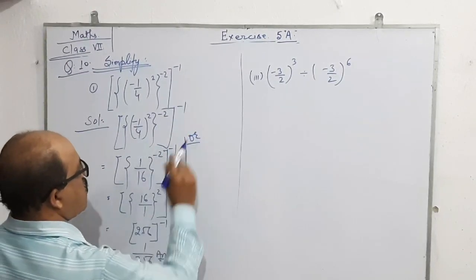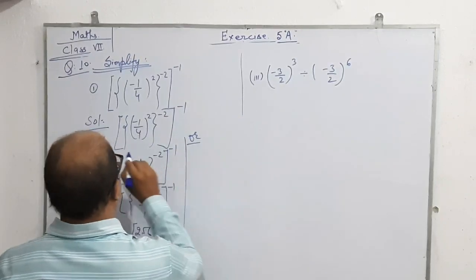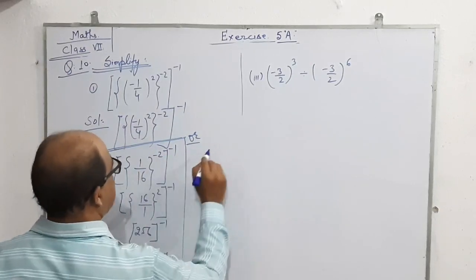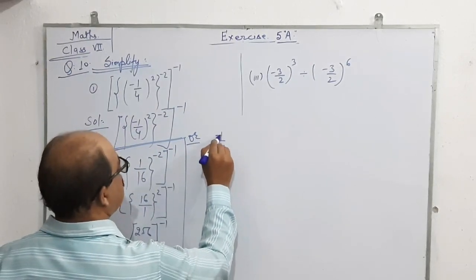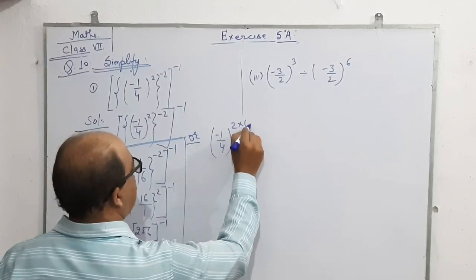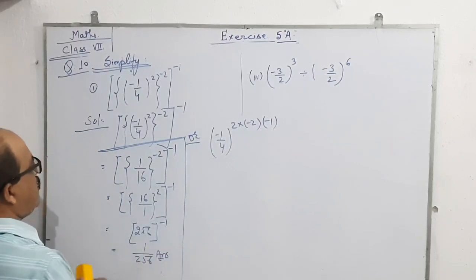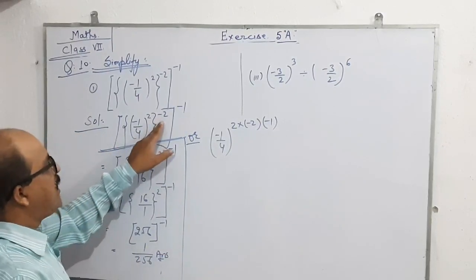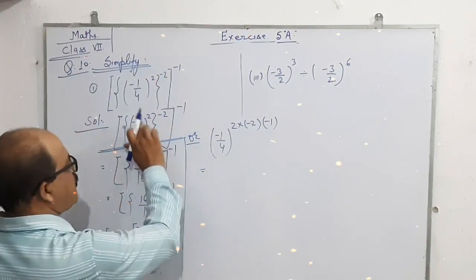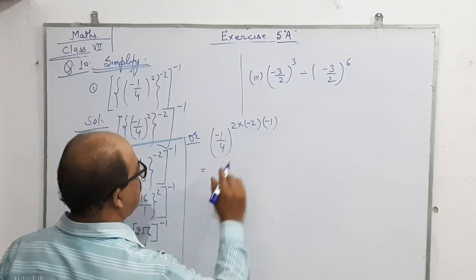But if we try to do it in another way, we write down the question: minus 1 by 4 to the power 2 into minus 2 into minus 1. As we know, the exponents will be multiplied whenever there is an exponent upon an exponent. So 2 twos are 4, 4 ones are 4.